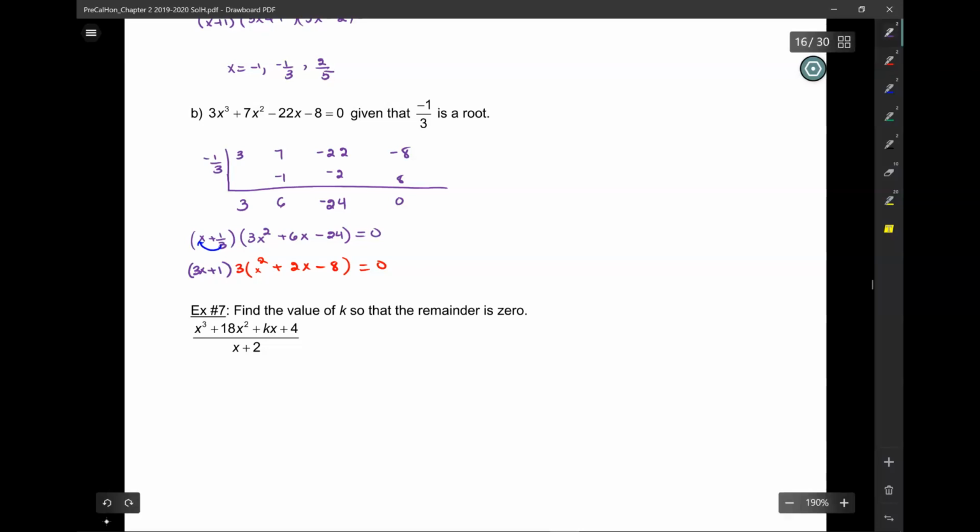Okay, let's factor some more. It's proper form to write that 3 on the very outside. So 3x plus 1, and then x plus 4, x minus 2. Right, but I was just showing you how to do it, but now I'm not going to put it back.